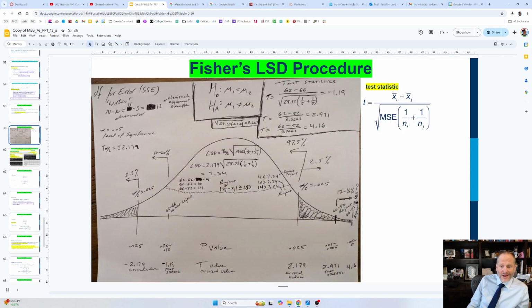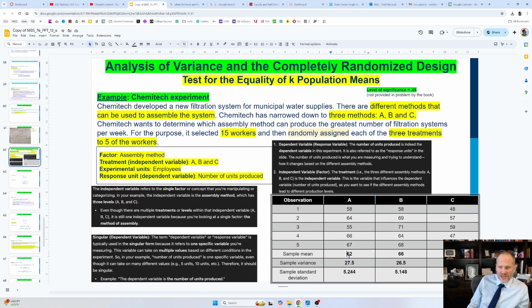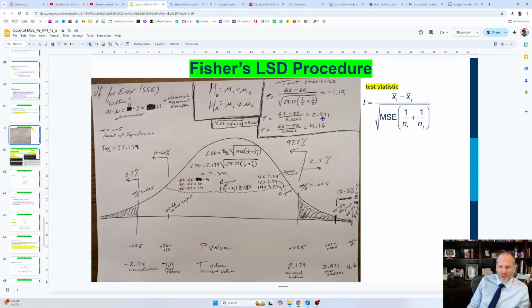And here with 62 minus 52 and 66 minus 52, both of those produce 2.971 as a t-value and 4.16. We put them here. You can see that they are past our critical value. These test statistics are past our critical value. They're in the reject area. We reject both of these.